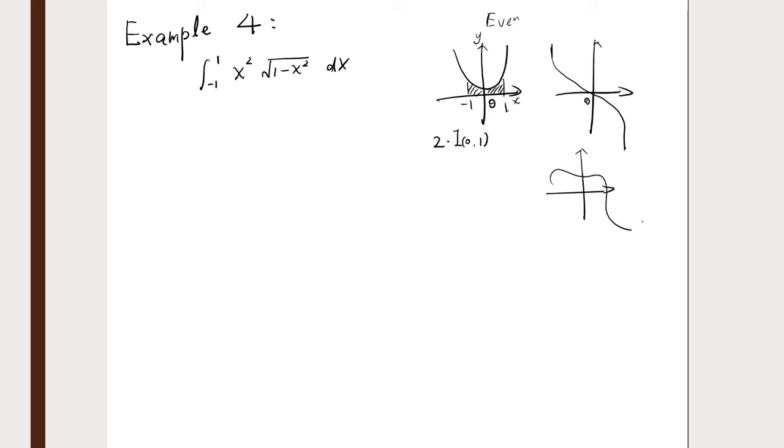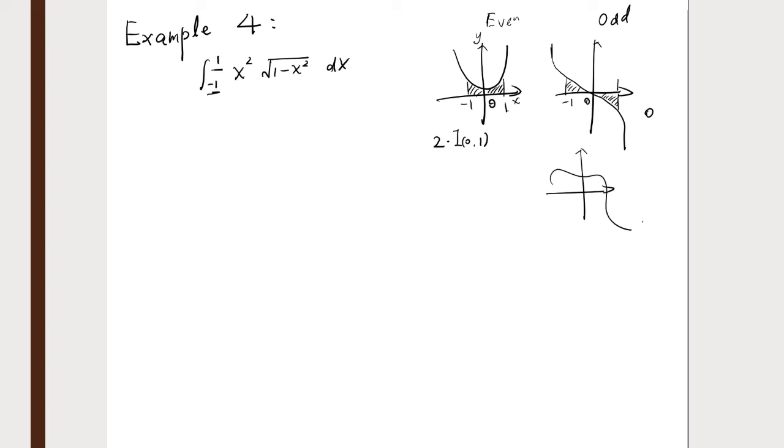And if it is an odd function, we have the integration from -1 to 0 like this, and then the integration from 0 to 1 like this. The absolute values of those two integrations will be the same, but with opposite signs. So that's why the integration from -1 to 1 for an odd function will be 0. That's why we usually check if it is an odd or even function, which can help us save a lot of time and energy, especially when we have a symmetric integration range.